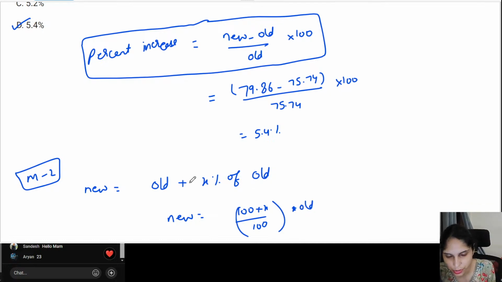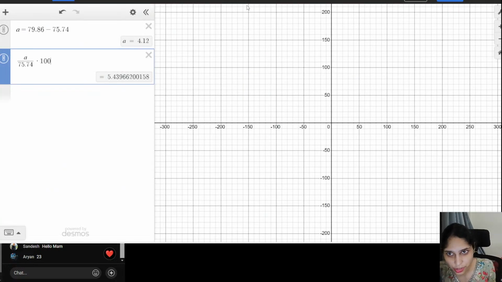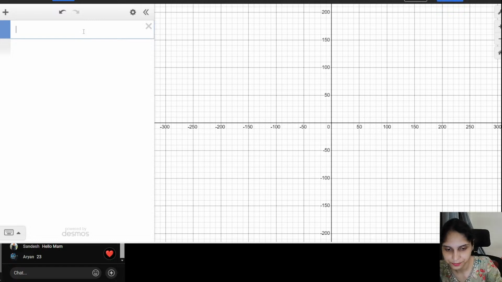From there also you can see the percentage. Because this we have been using in all the formulas. Because you are increasing. How much you are increasing, we have to see. And if you put this, you can get your answer as well.